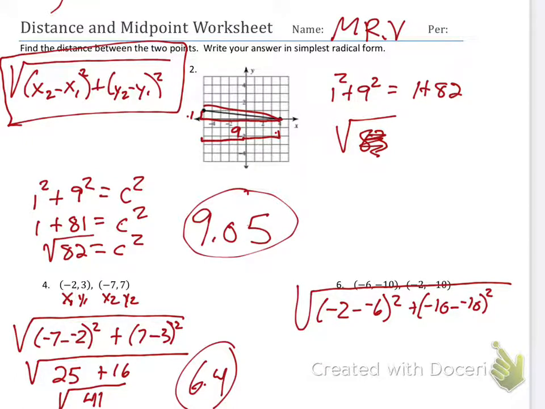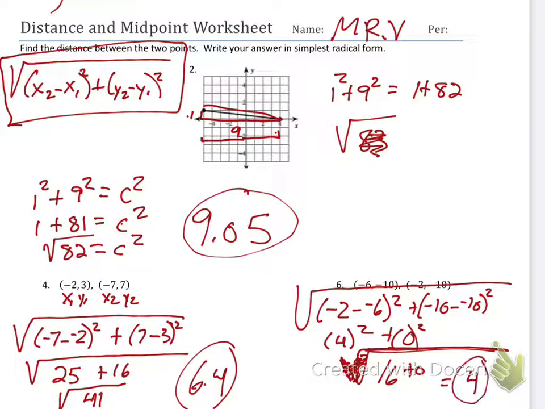Negative 2 minus a negative 6 would be a positive 4, and then negative 10 minus a negative 10 would be 0. So I have 4 squared, which is equal to 16. Remember, this is all under the radical, so the square root of 16 plus 0. The square root of 16 is equal to 4.